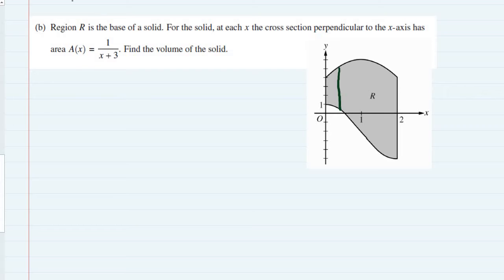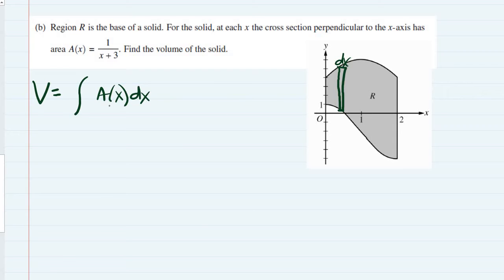But this really is a pretty simple problem, because we know that when we're dealing with cross sections, we're basically just going to integrate the area, right? And since the base cross sections are perpendicular to the x-axis, that means that their widths are going to be dx.